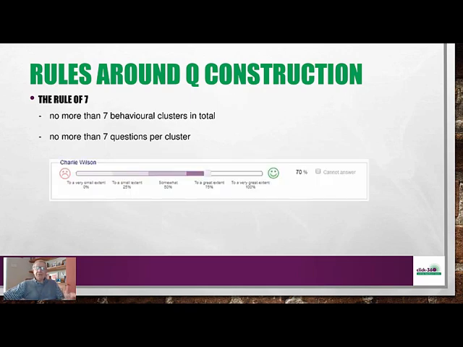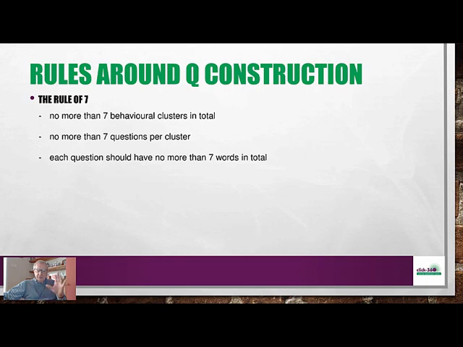Most raters find the Click 360 sliders easier and quicker to answer. So we've timed that, and on average, 35 questions takes approximately 15 minutes using our sliders. Okay, so another rule of 7, this is again very idealistic: the words in the question shouldn't be more than 7 in total.